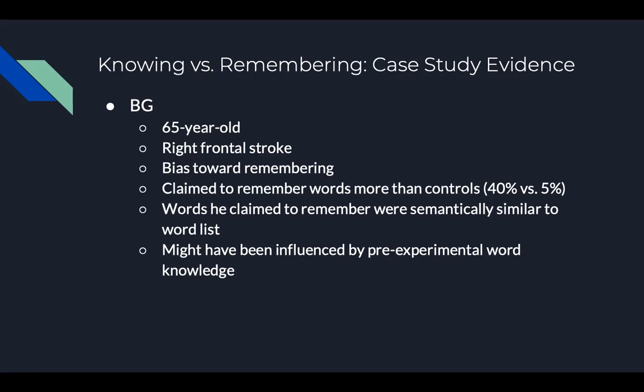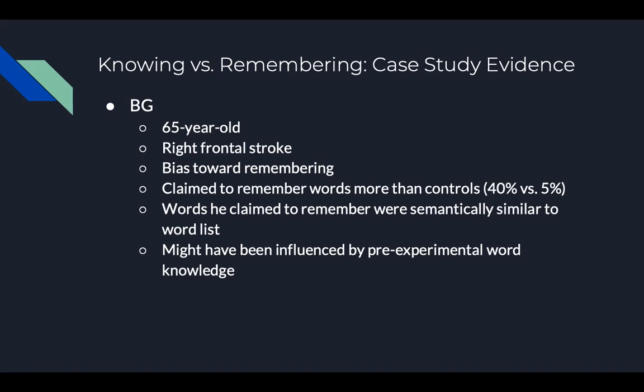And so the experimenters went on to talk about some explanation for why this was going on. Perhaps the words that he was claiming to remember were really semantically similar to words on the word list. That is, their meanings were similar, or conceptually they were similar, right?